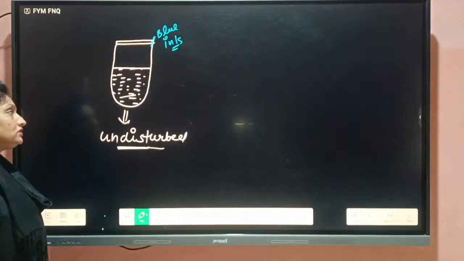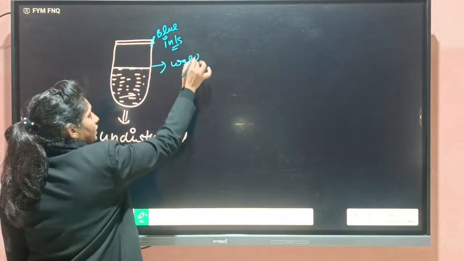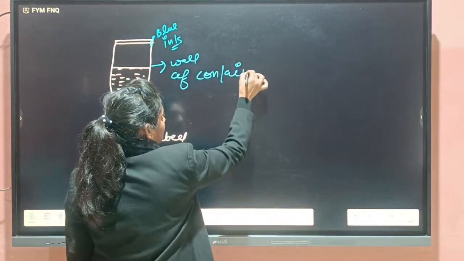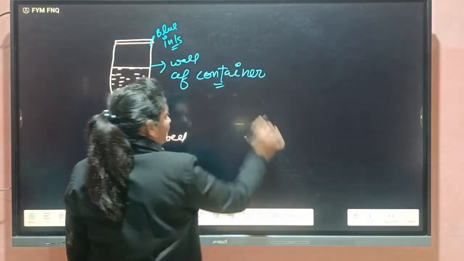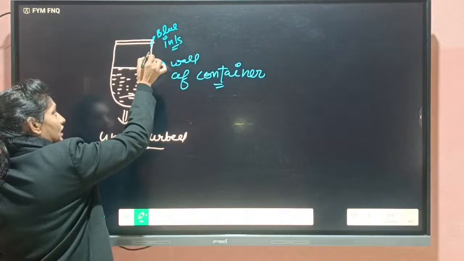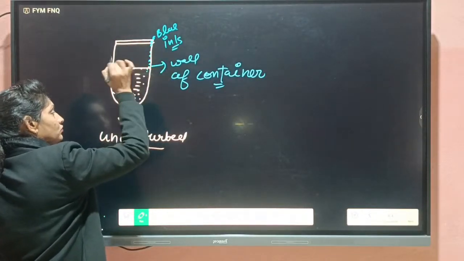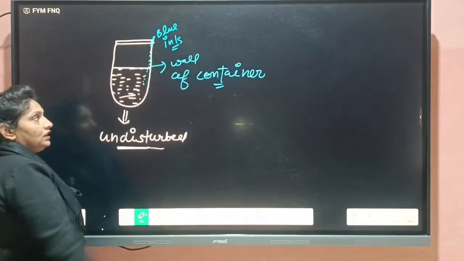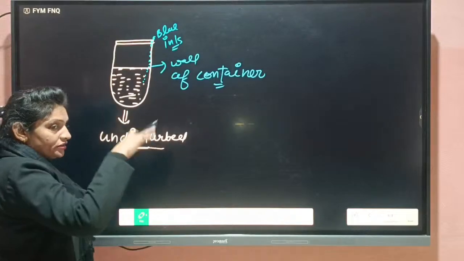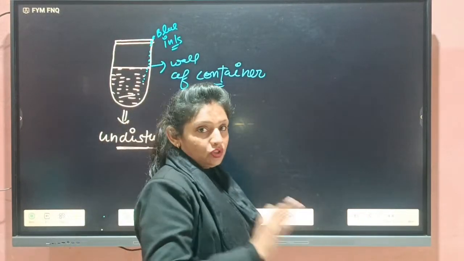I will add this along the wall of the container. So these particles move down and they enter this water. Students, we will not shake this one and we will not stir. We will not allow this to move.